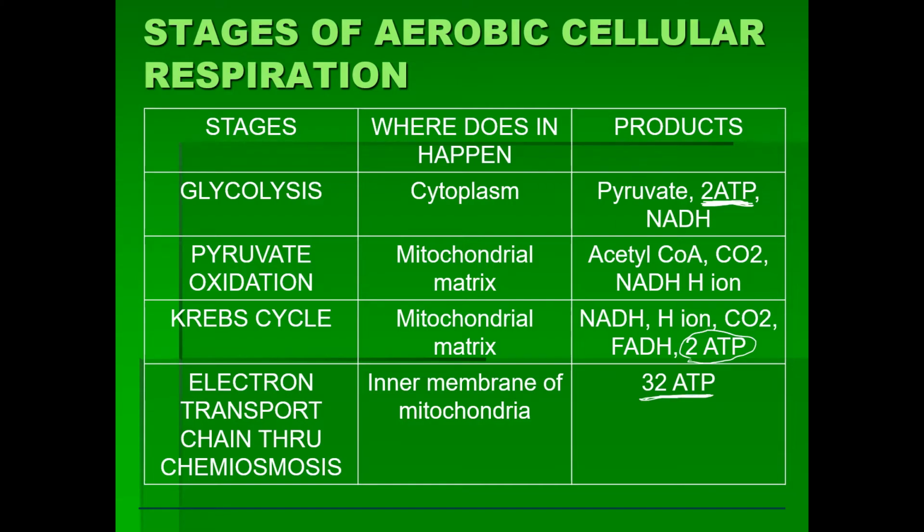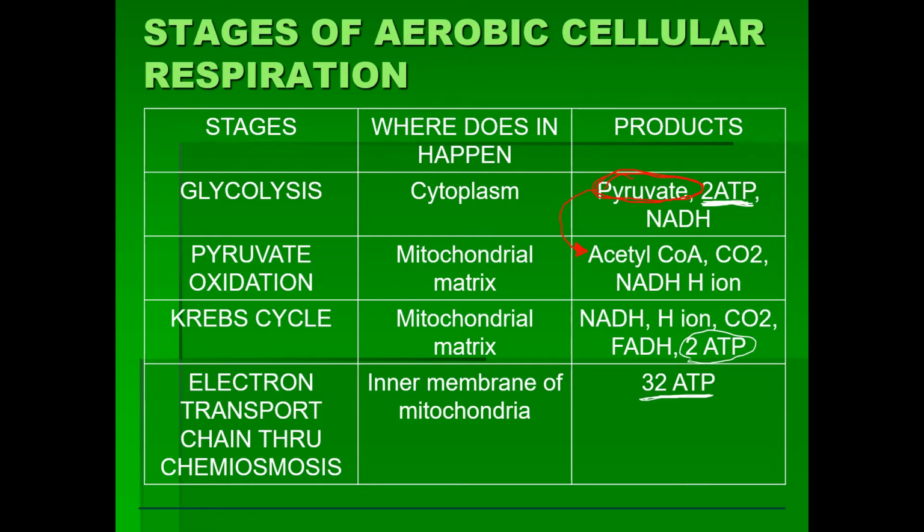However, aside from the ATP, there are also some intermediate metabolites involved in the different stages. For glycolysis, the intermediate metabolite is pyruvate. So what will happen to the pyruvate? Now class, the pyruvate will enter the next stage, which is pyruvate oxidation.